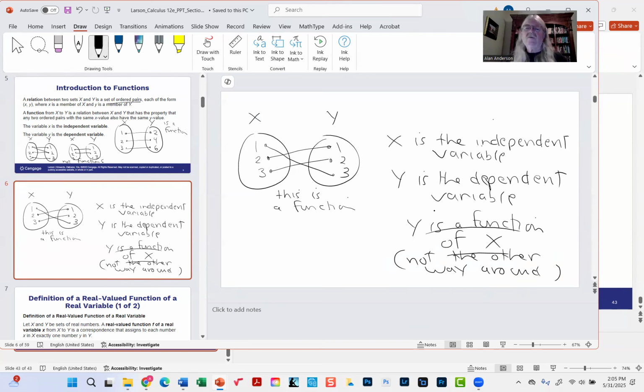Okay, so that's how that works. So whatever x is, it determines the value of y. It's not the value of y that determines the value of x.